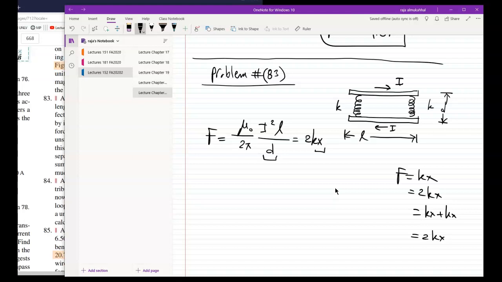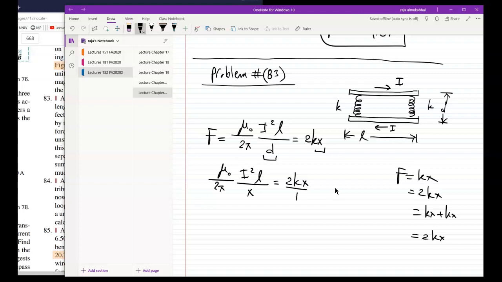So in this case, we would write mu naught over 2 pi I squared L over x equals 2Kx. Okay? So solving for x here, how about if we cross multiply?